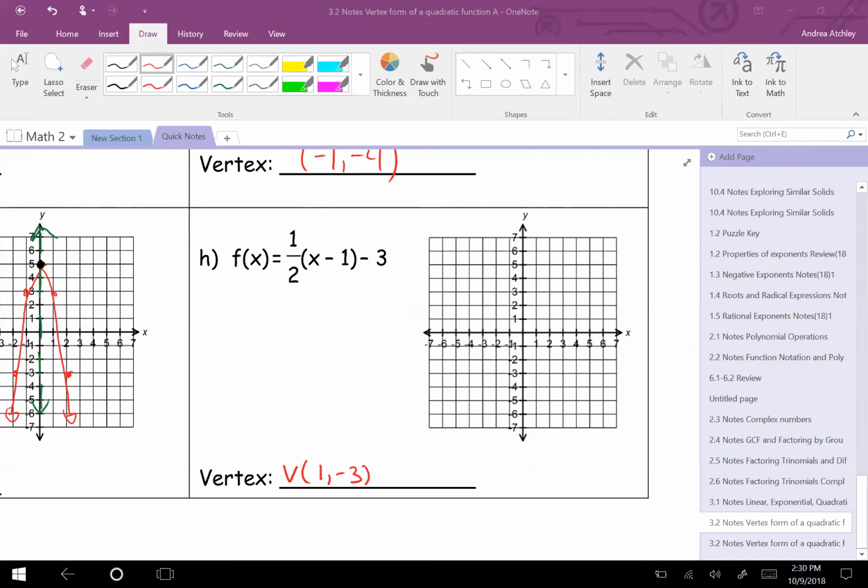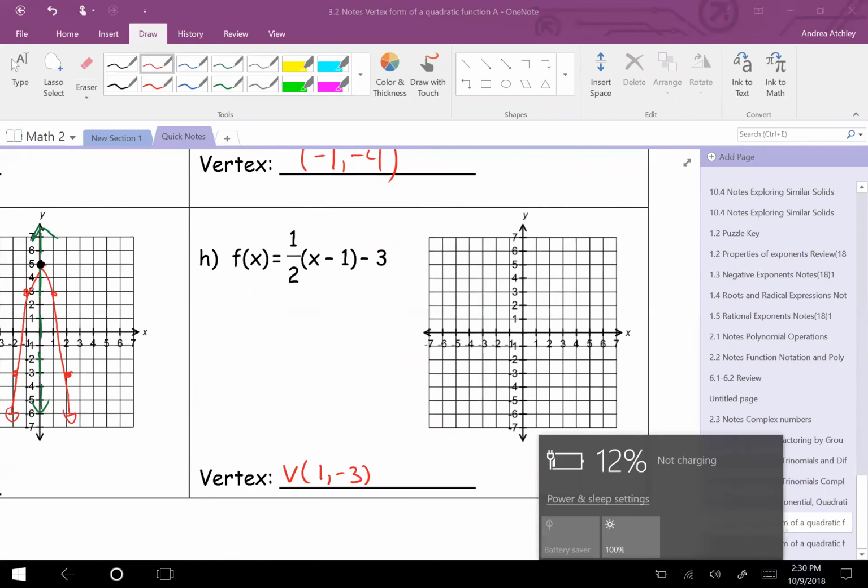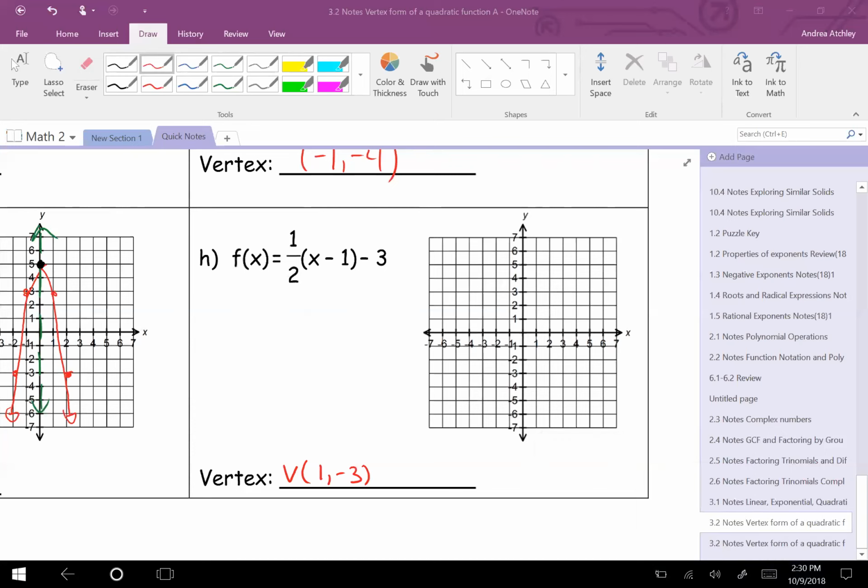So I'm going to go where x is 1 and y is -3, which is down here. Then my a value is 1/2. And my axis of symmetry is x equals 1.